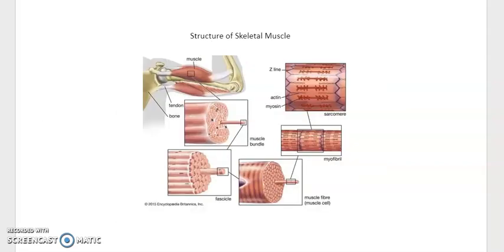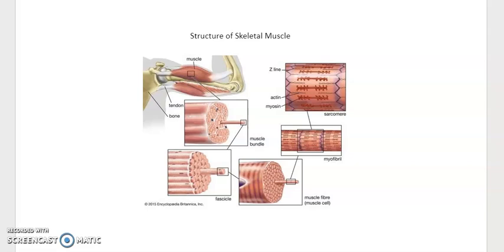When we look closer inside of the skeletal muscle, we can see from the macro to the micro. Inside of the muscle tissue are going to be these linear tissues called myofibrils. About 80% of the volume of a muscle fiber is the myofibril.